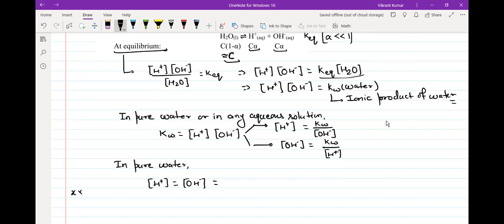Multiplication, if I say x into x is 16, what is x? It will be root 16 if I say x is greater than 0, then, है ना? So that means in this case we can say कि दोनों चीजें root of Kw के बराबर होंगी, तभी तो दोनों आपस में भी बराबर होंगे और multiplication will be equal to Kw.